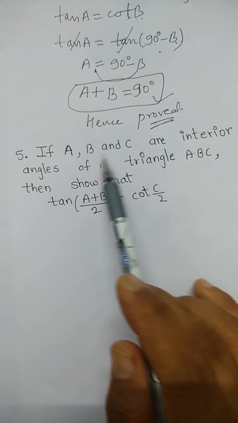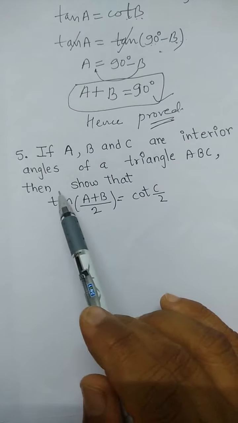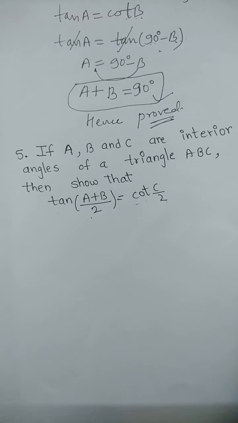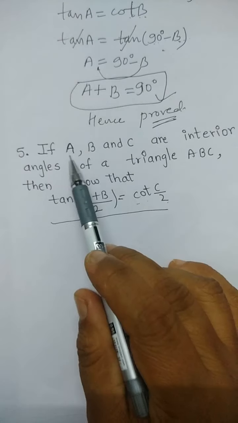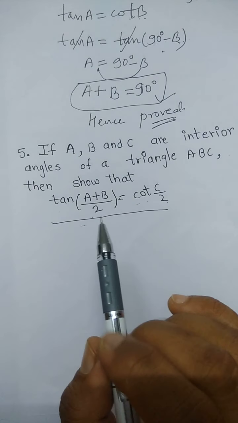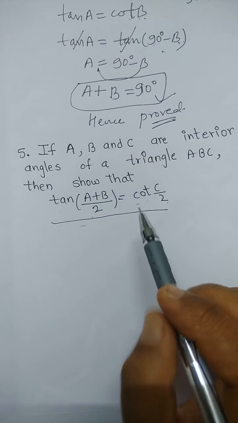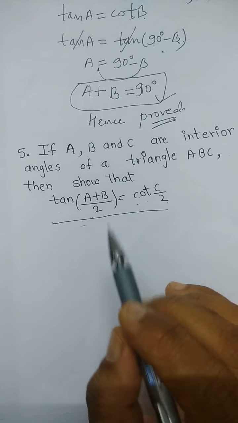If A, B and C are interior angles of a triangle ABC, then show that tan (A plus B) upon 2 equals cot C by 2. This we have to show. But what is given? A, B, C are the interior angles. So what is the angle sum property of a triangle? Yes, the sum of the measures of all three angles of a triangle is 180 degrees. So let us follow that.